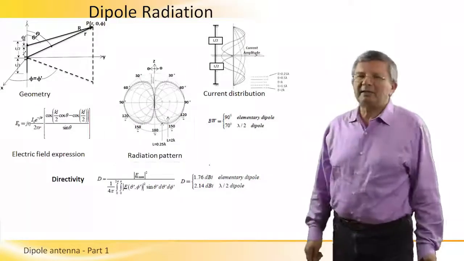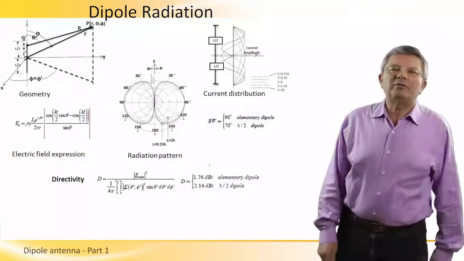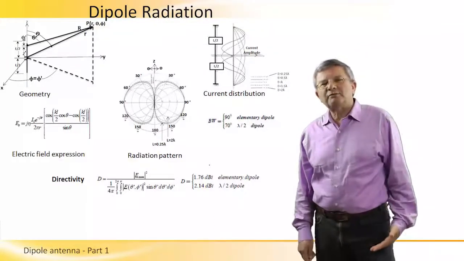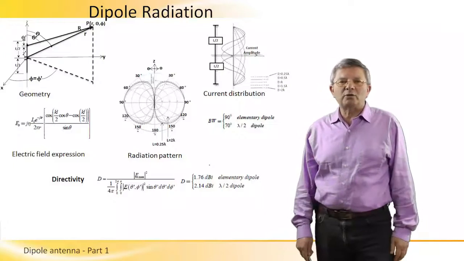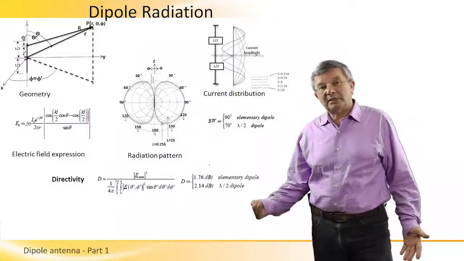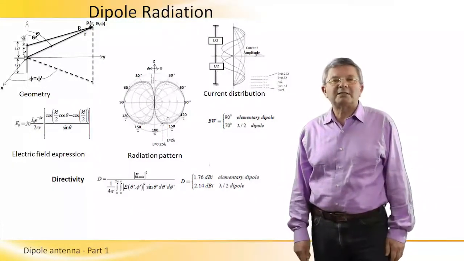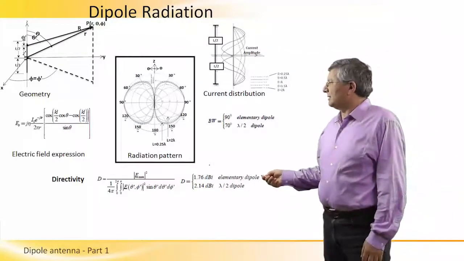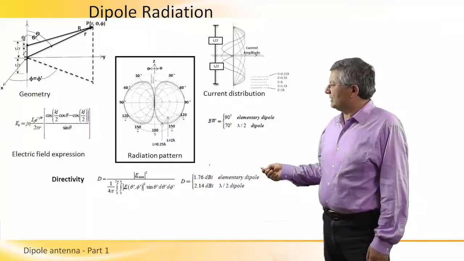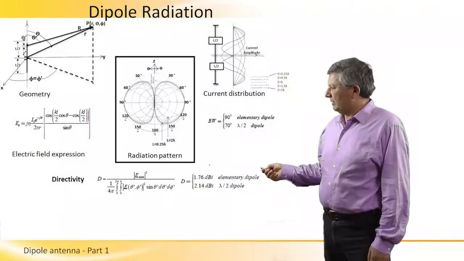The radiation pattern is a plot of the amplitude of the field as a function of the angular dependence in space. And here we can see the radiation pattern for various current distributions described here.